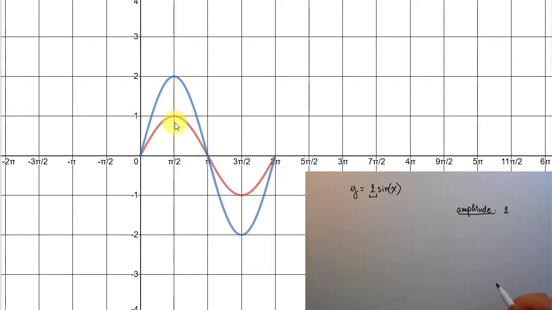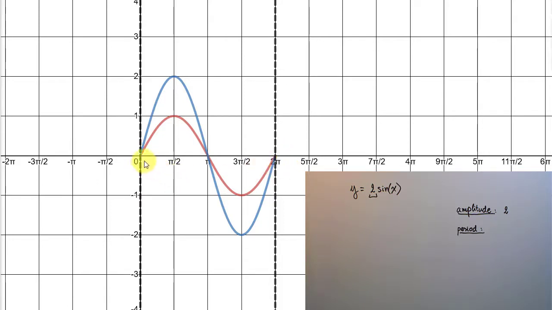And the period. Looking at the two versions, the red original sine of x and the blue 2 sine of x, they have the same start and the same end right here. To make it clear, I'm going to mark the start and the end of our basic graph. It starts at x equals 0 and it ends at x equals 2 pi.